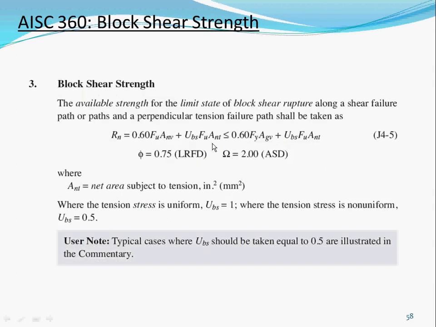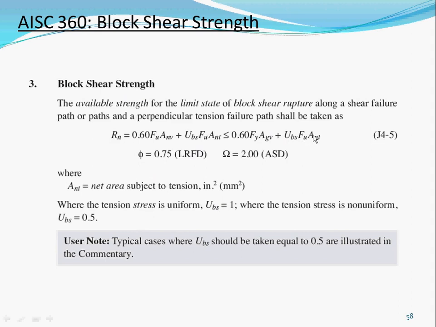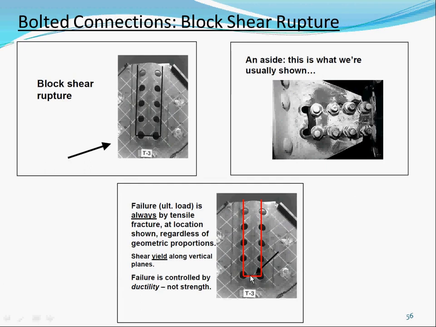These are the exact equations from the AISC 360. So plate yielding in tension. The tension mode is the same. You see these two? Tension fracture, and this is the yielding of the shear tab on the gross area, and yielding of the shear tab on the net area. So they're checking both. Go back to this one. When this one is failing, it's always in tension.